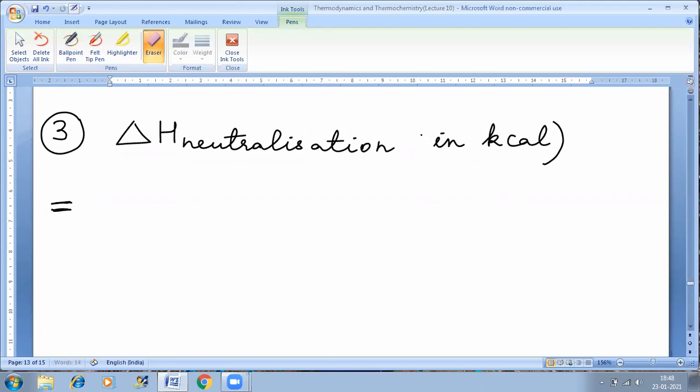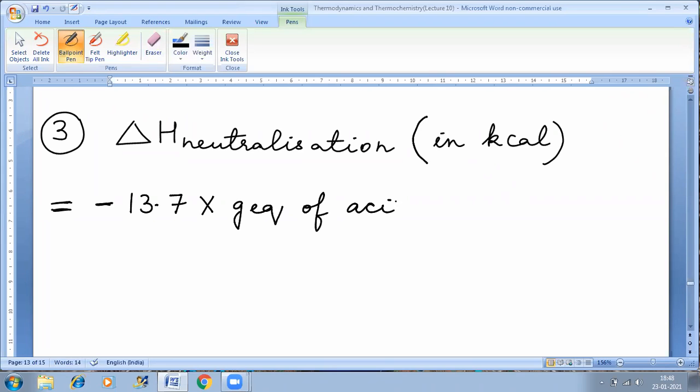in kilocalories is equal to minus 13.7 multiplied by GEQ of... अब एसिड और बेस का मतलब क्या है? आप कोई भी एक ले सकते हो, anyone.